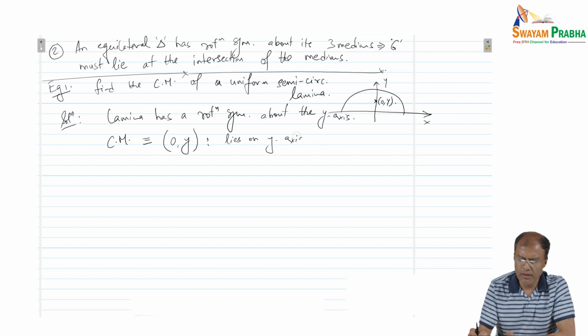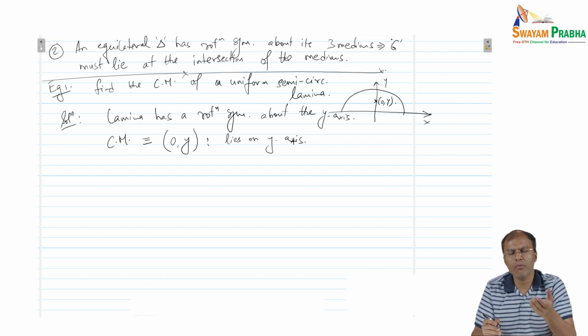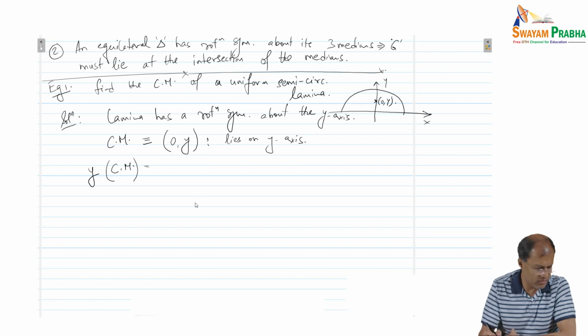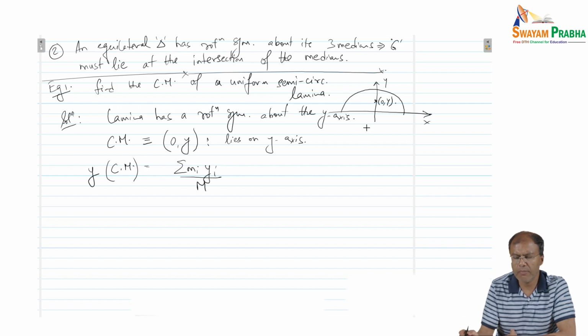And the formula for center of mass has already been given earlier. The formula says that the center of mass, we want to just find the y coordinate of the center of mass, is going to be the summation of m_i y_i divided by M, right? And now we are talking about a smooth object.